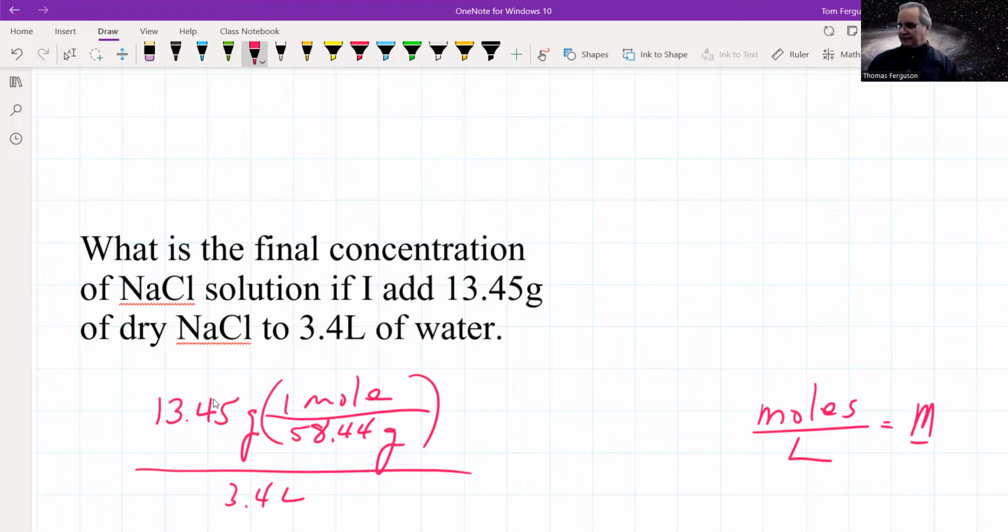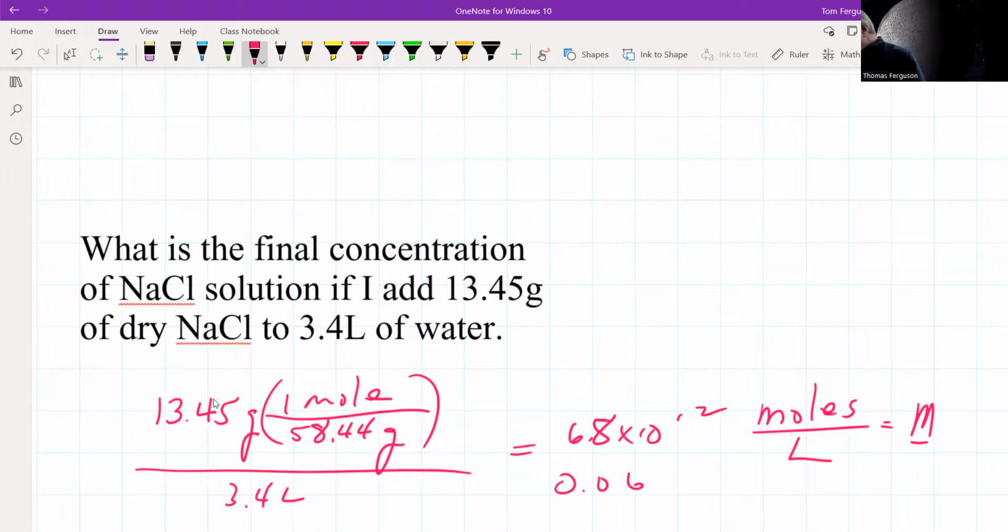How many sig figs is our answer gonna have? 2. So it'd be 6.8 times 10 to the minus 2 moles per liter, or 0.068.